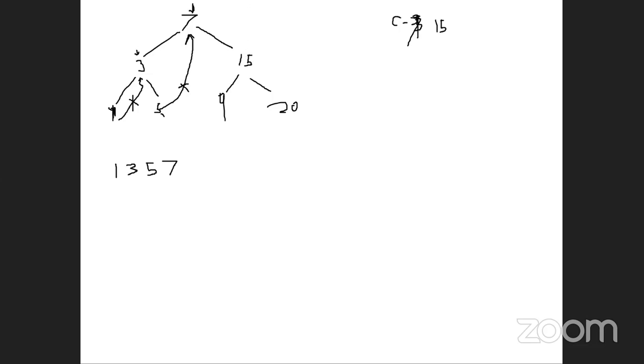Is that clear till now, or can I repeat? Yeah, it's clear. The current value will keep on checking only the right branch of the BST. Is my understanding correct?